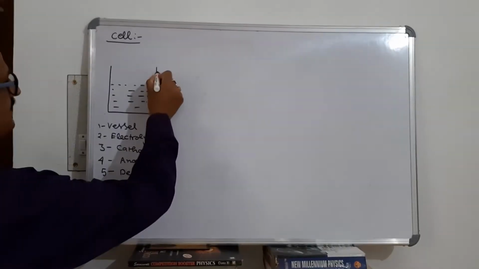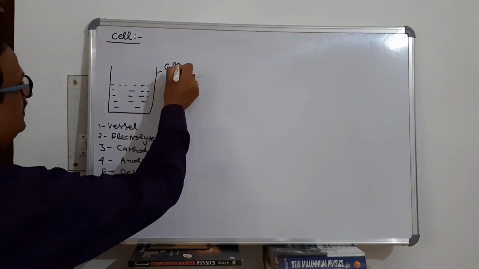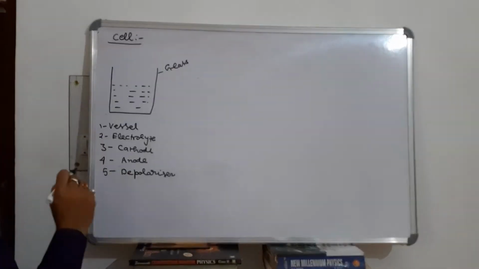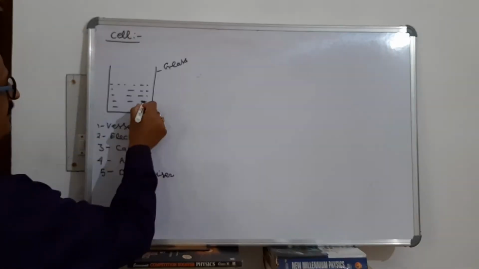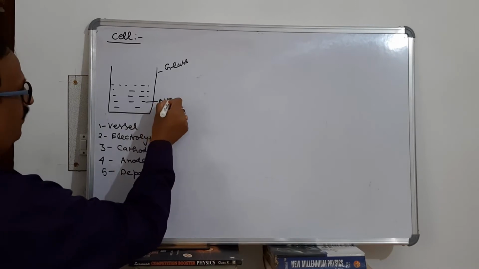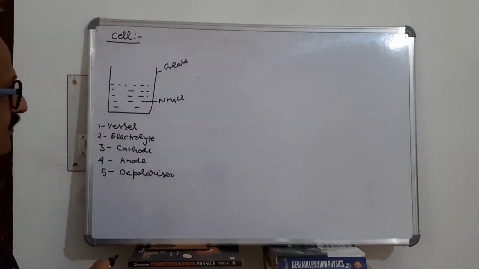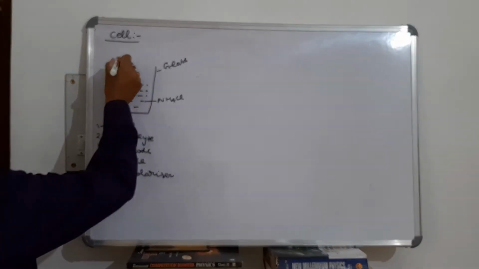In the Leclanche cell, the vessel is of glass. It is usually a glass jar. Nowadays plastic jars and fiber jars are also used. For the electrolyte, there is a solution of ammonium chloride. For the cathode, there is a zinc rod.